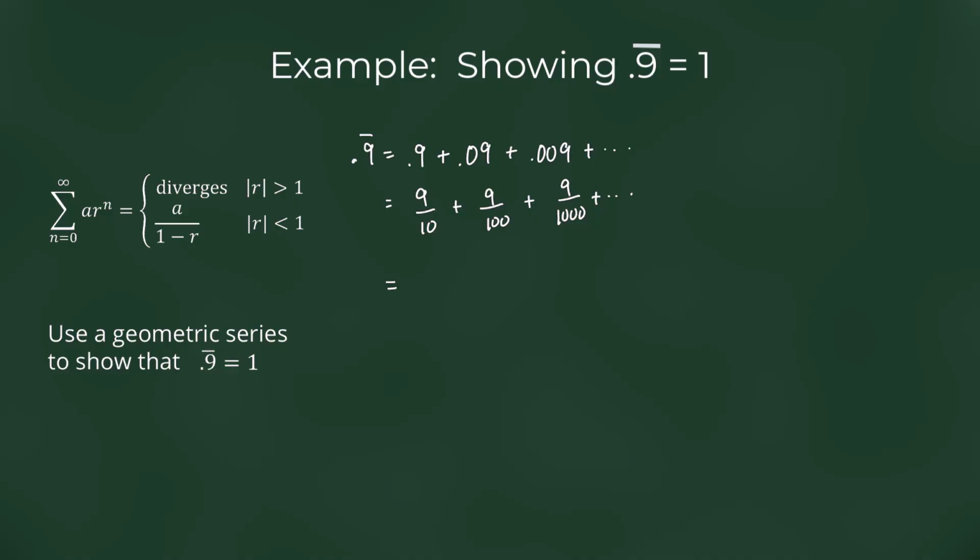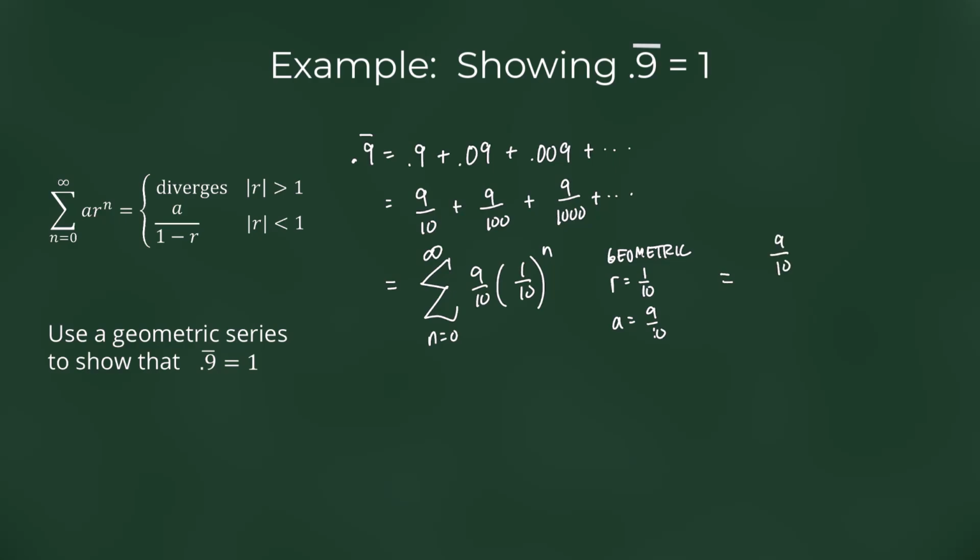And so we can write that as 9/10 times 1 over 10 to the n, and n here is going to go from 0 to infinity. So this is geometric with an r value of 1/10 and an a value of 9/10, which means that that sum is equal to a, 9/10.